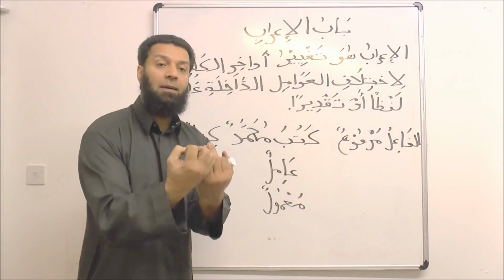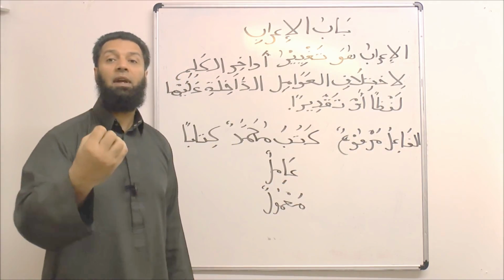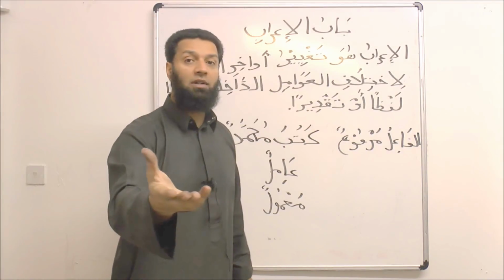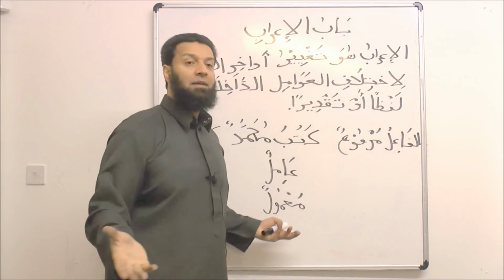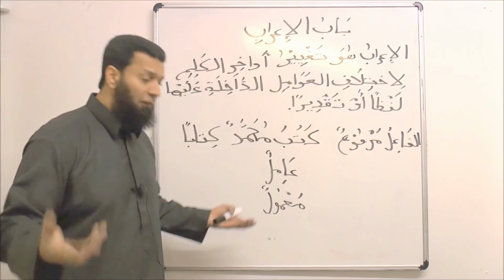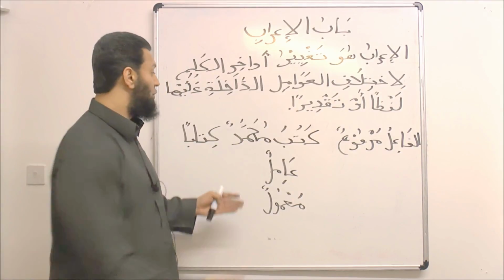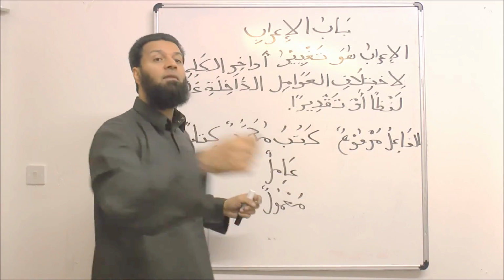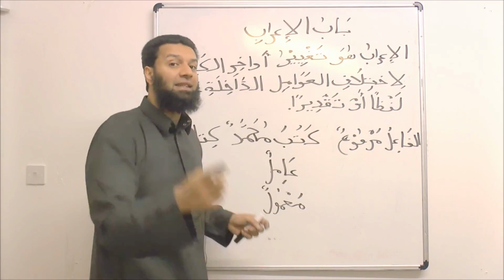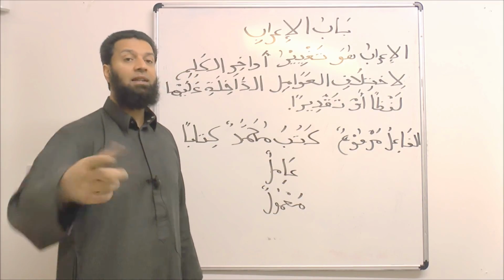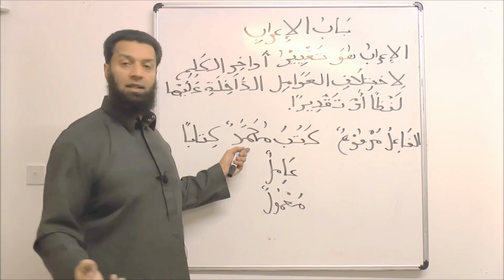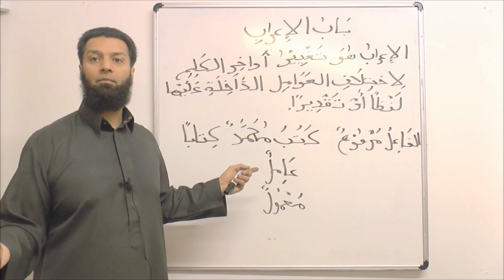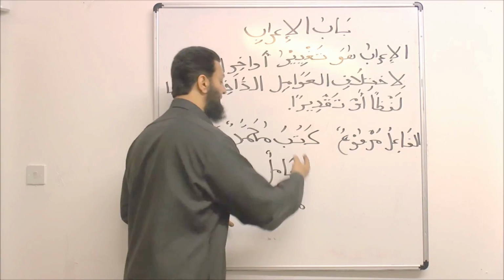Because kataba is a fi'lun. And the fi'lun necessitates what? What does it demand? A fa'ilun. It looks for a fa'ilun. If the fa'ilun is in the form of an ismun, which conveys the intended meaning, of course, then that is your fa'ilun. And therefore the amilun is kataba.